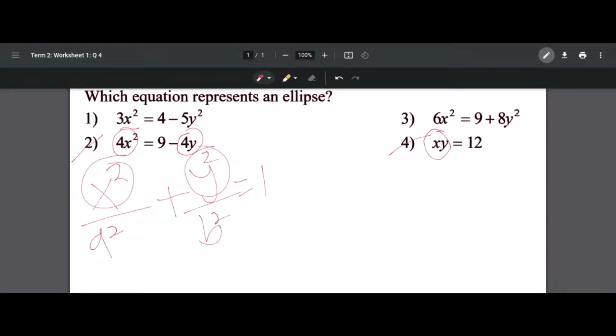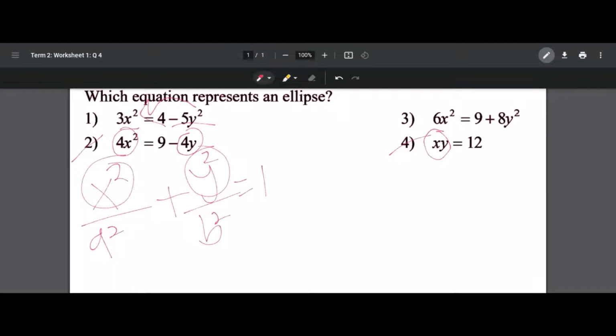For choice number 1, we have 3x squared equals 4 minus 5y squared. I am going to move the term minus 5y squared to the other side and change its sign.